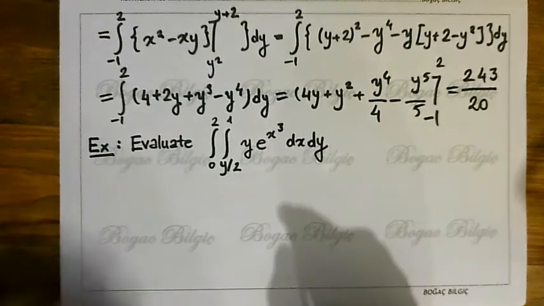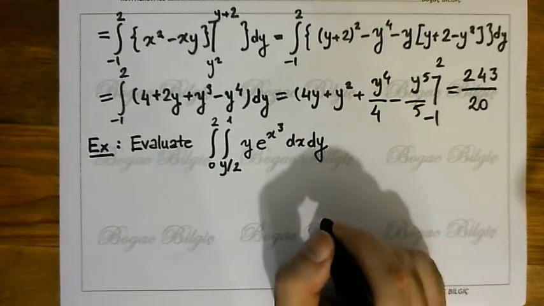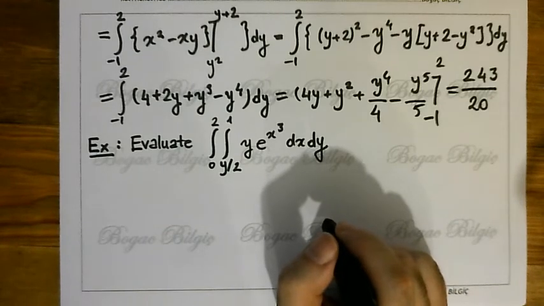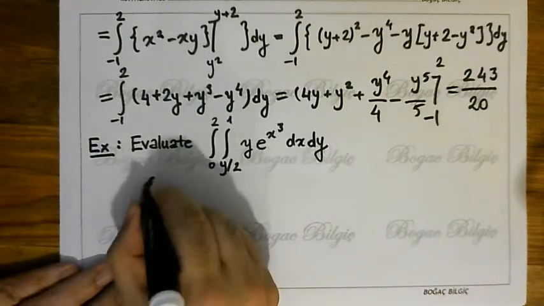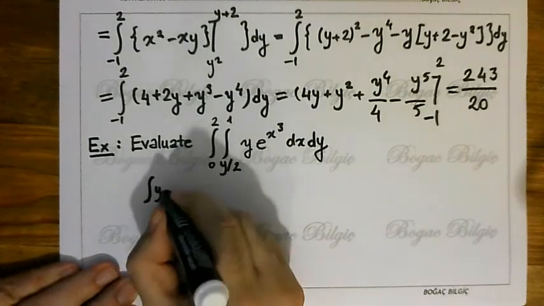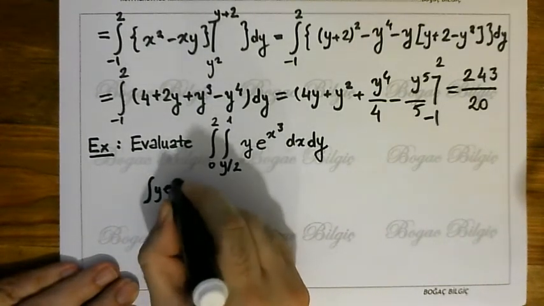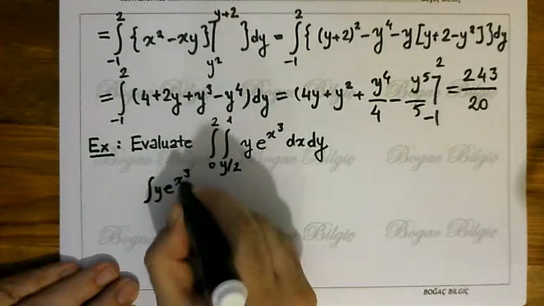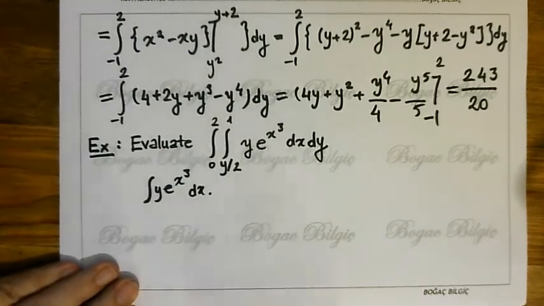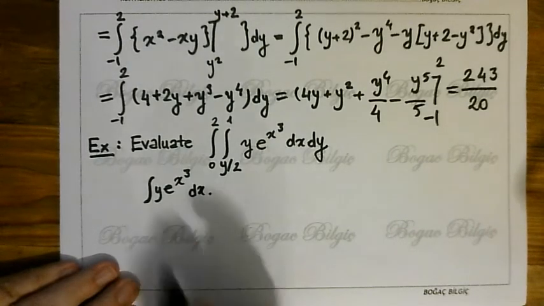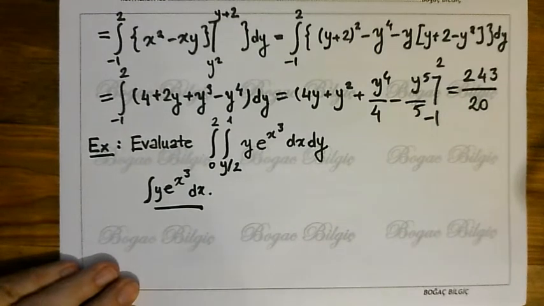If we try to evaluate the integral as it stands, we are faced with the task of first evaluating the integral of y e^(x^3) dx. But it cannot be expressed in terms of elementary functions. So we try to evaluate the integral by reversing the order of integration.